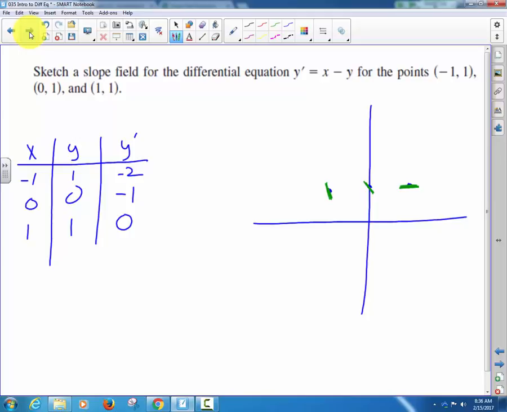Why don't you go ahead and do it for negative 1, 0, 0, 0, and 1, 0. And see how those graphs... Hopefully you'll start getting some idea of what it looks like. So do the same thing for those particular points. And I'm going to be getting something else ready for you.